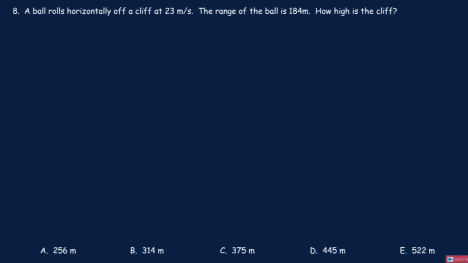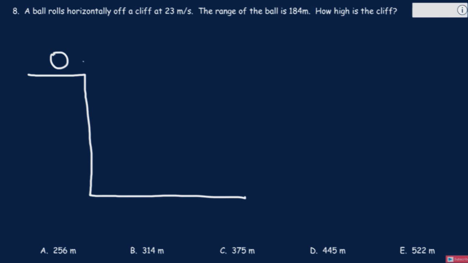Number 8, a ball rolls horizontally off a cliff at 23 meters per second. The range of the ball is 184 meters. How high is the cliff? So here is the picture that we have.